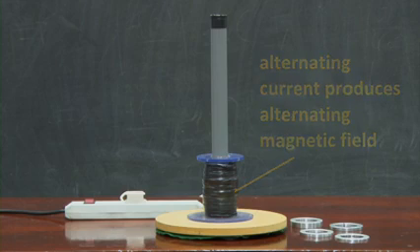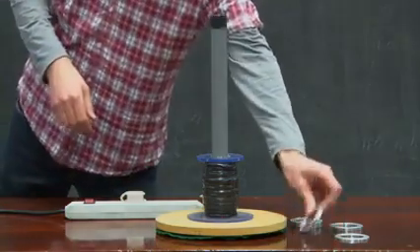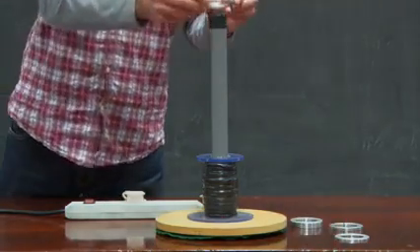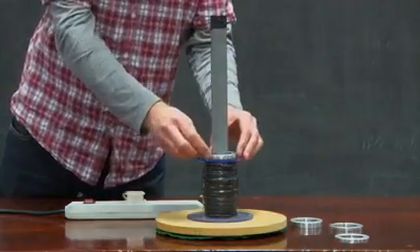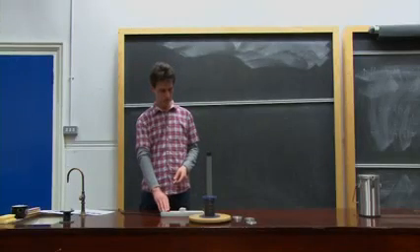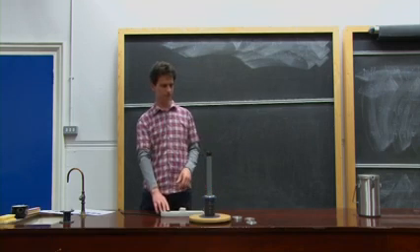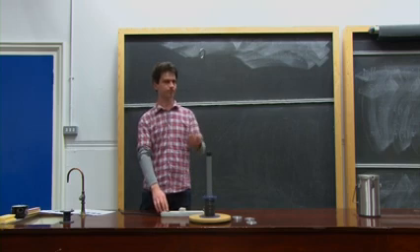Now, for a more dramatic demonstration of Faraday's law and the effects of Lenz's law. When the current is switched on, a magnetic field is produced that induces a current to flow in the aluminium ring. Like all currents, this induced current will produce a magnetic field of its own.